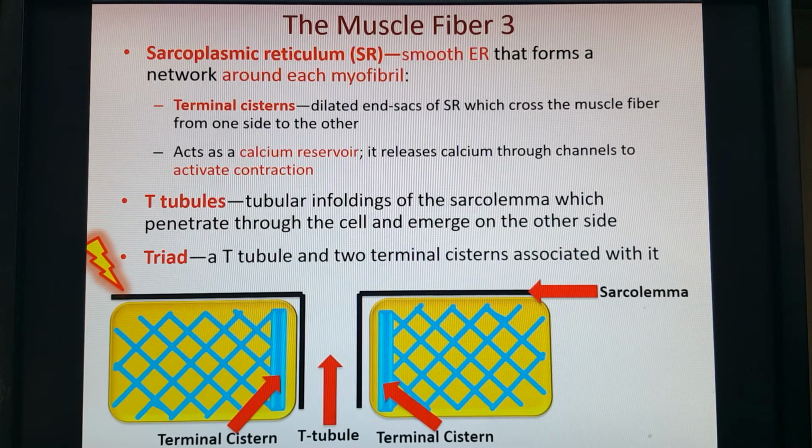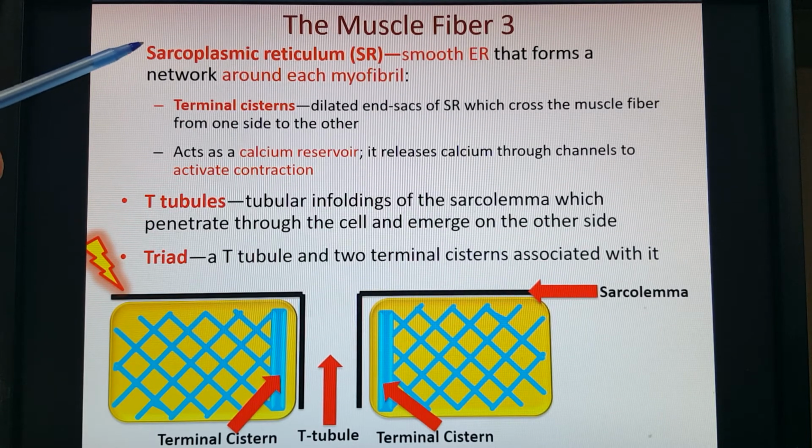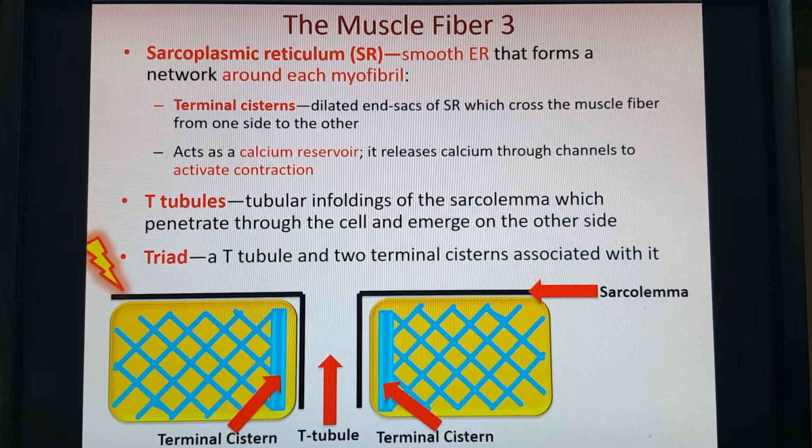With our organelles of the muscle fiber, instead of having endoplasmic reticulum, we have sarcoplasmic reticulum. This is a type of smooth endoplasmic reticulum that wraps around our myofibrils, creating the structure of our sarcoplasmic reticulum.